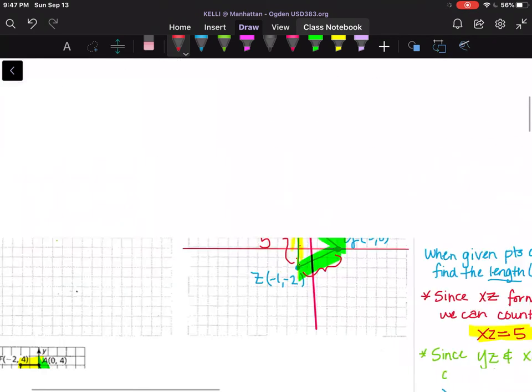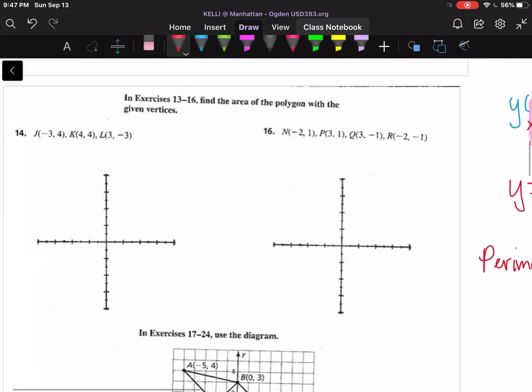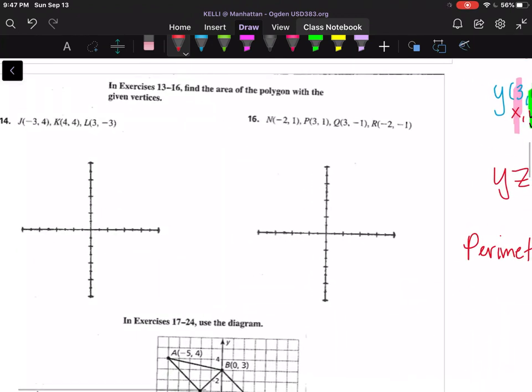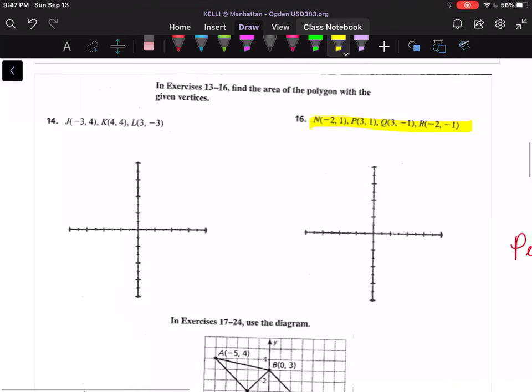When it asks for area, you're going to do the same thing. You're going to graph those points. You're going to have to use the distance formula based on what kind of a shape it is. So in this one, I can tell right away we've got some kind of quadrilateral, so it's probably a square or a rectangle. This one, we got 3, so we're going to use a triangle formula for area.